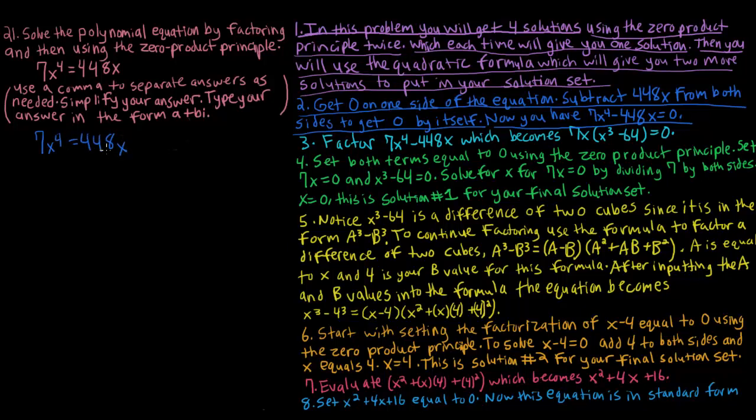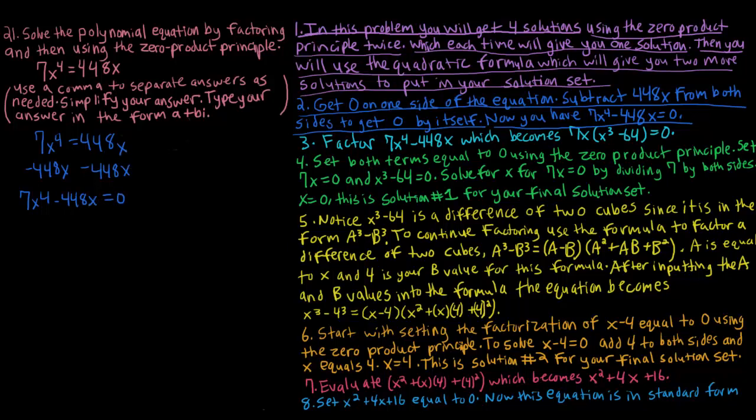So we want to get 0 on one side, so to do that, we'll subtract 448x from the right side and also from the left side, minus 448x, and that gives us 7x to the fourth minus 448x equals 0.